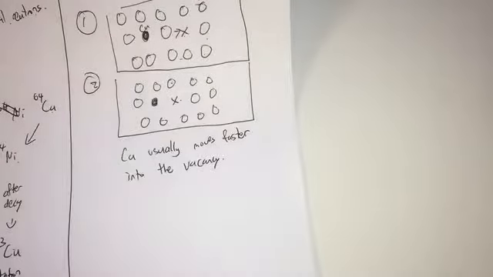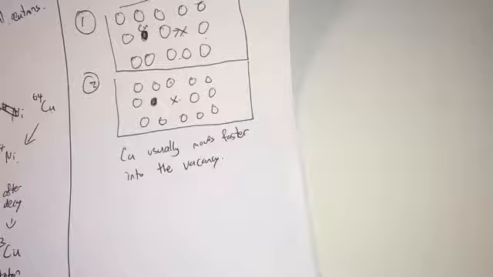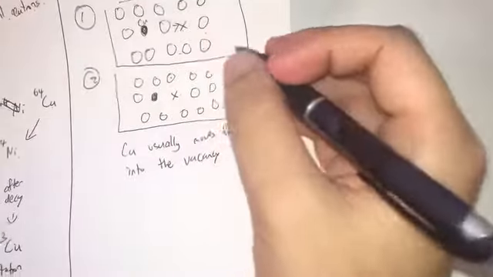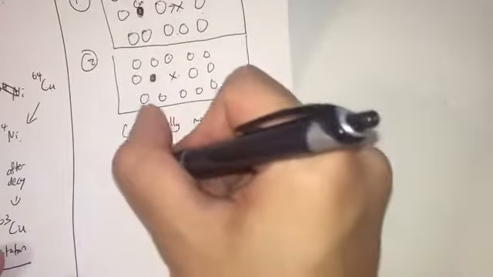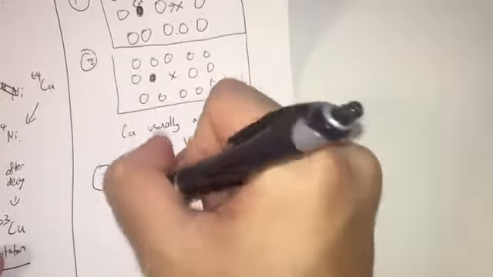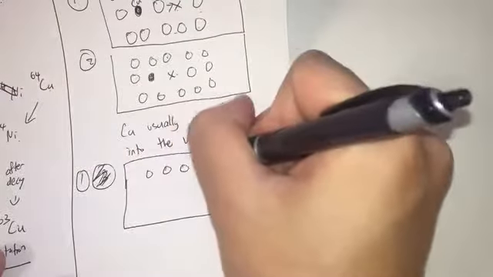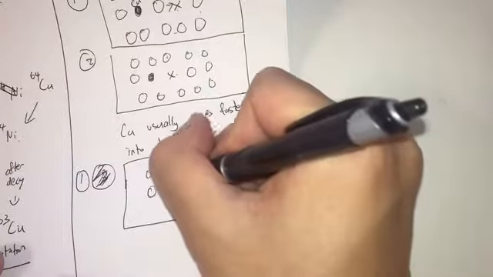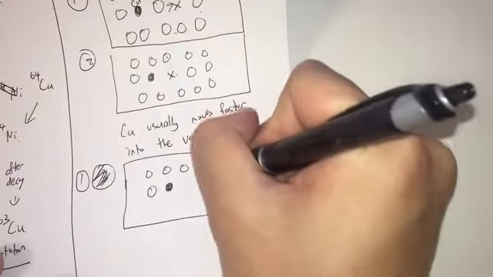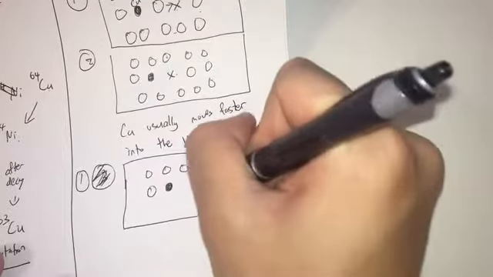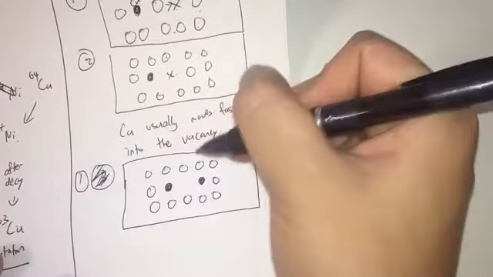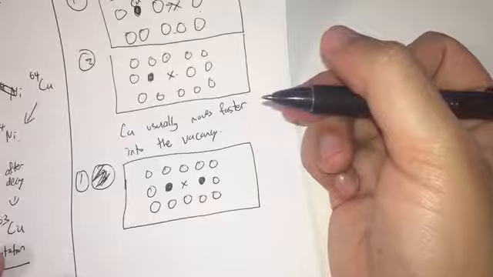So what's so important? Well, if we have multiple copper atoms, let's say we have an iron lattice again, and we have this vacancy here.